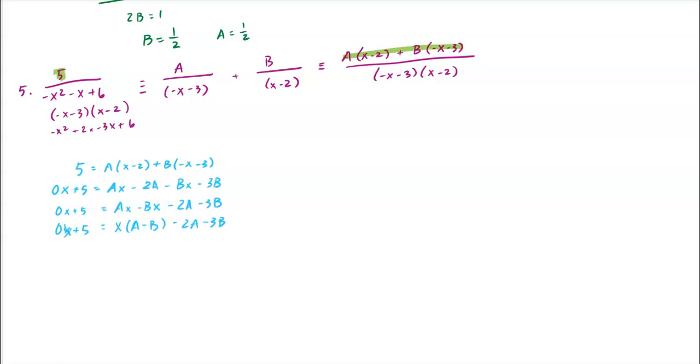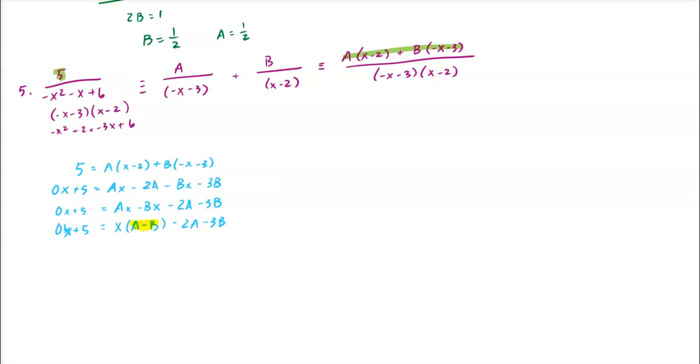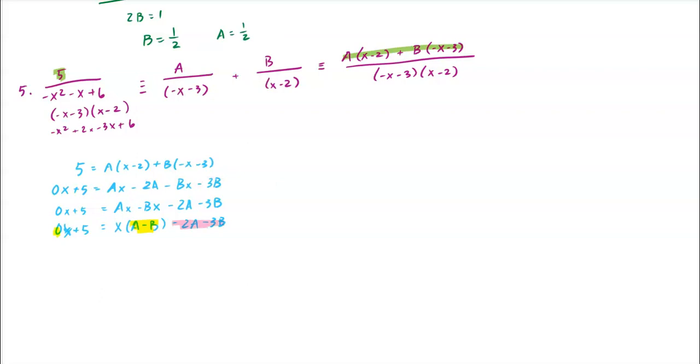Okay? Now we have a minus b equaling 0, and negative 2a minus 3b equaling 5.